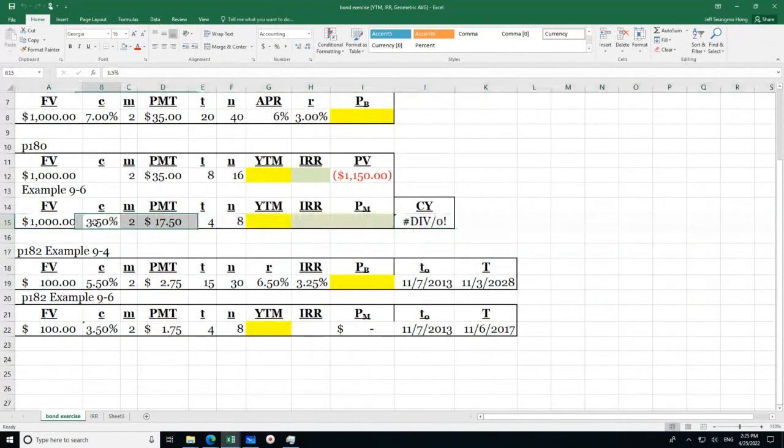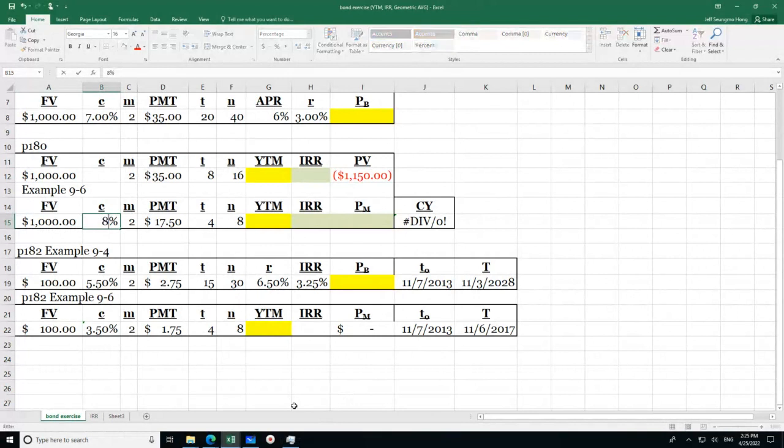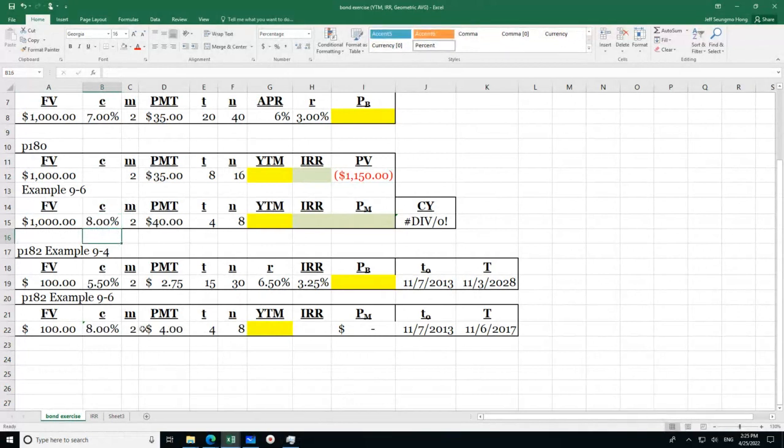First of all, we'll need to make a little adjustment because face value is 1,000 always. Coupon rate in this example was 8%, so the coupon payment is $40. Annually it would be $80, but for half a year it will have to be $40.